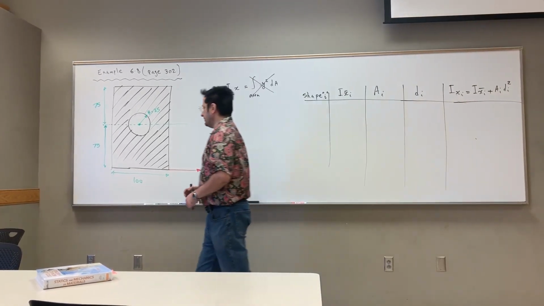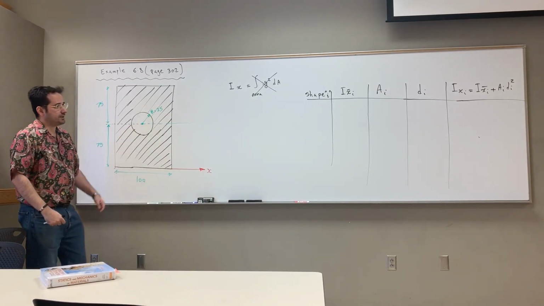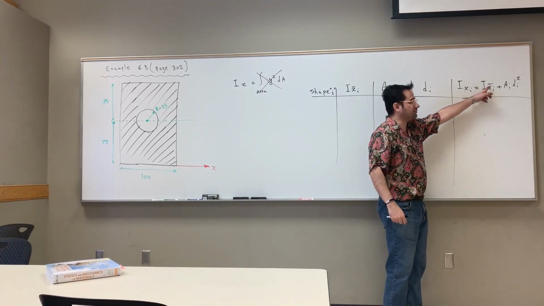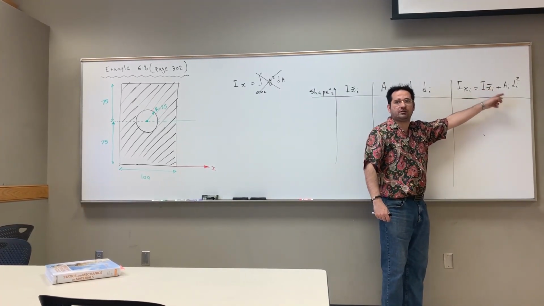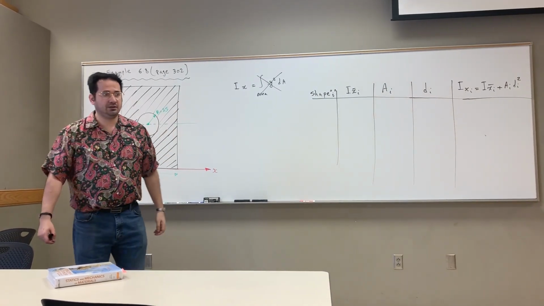The moment of inertia with respect to a shifted axis is equal to the moment of inertia about its local centroid, I x bar i, plus the area times the square of the shift.